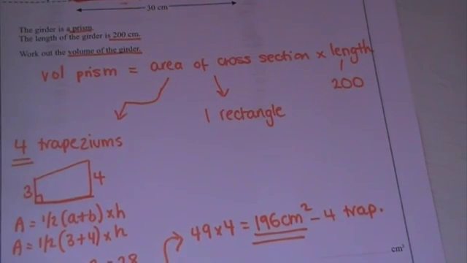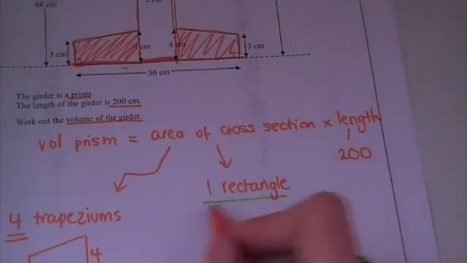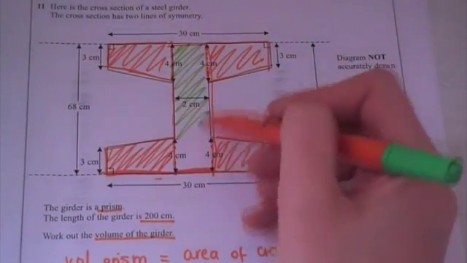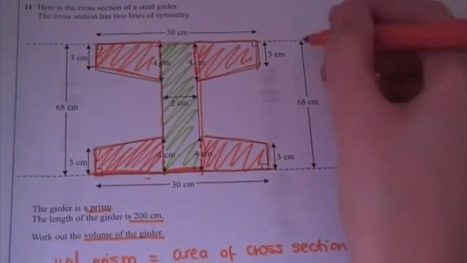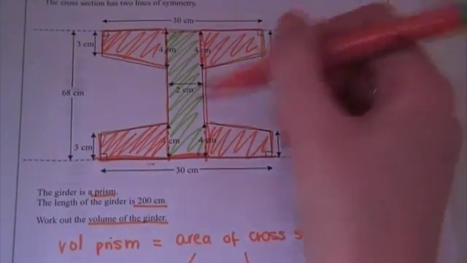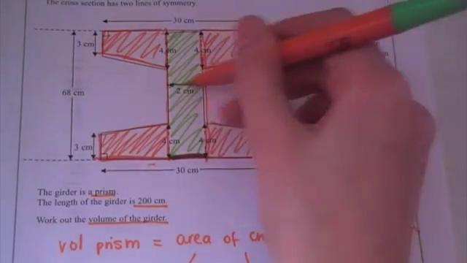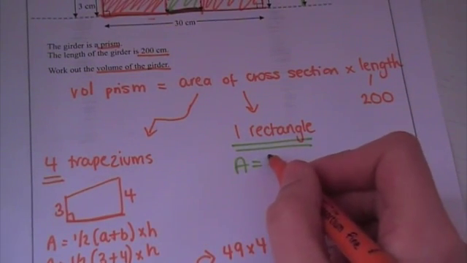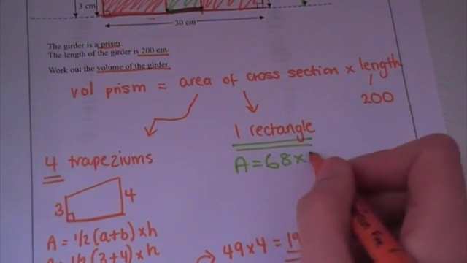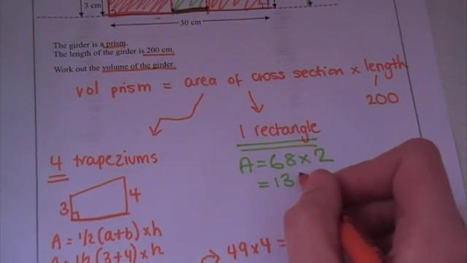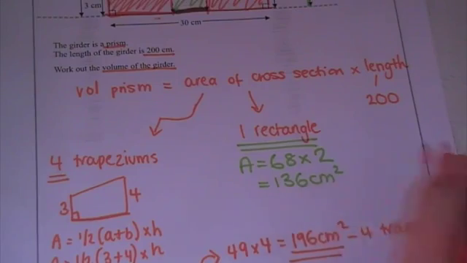So now we need to work out the area of that one rectangle. So this bit here. So we can see from the side its length is 68, and then as we said earlier, it's 2 centimetres. So nice and easy. Area for the rectangle is going to be 68 times by 2, which is going to be 136 centimetres squared.